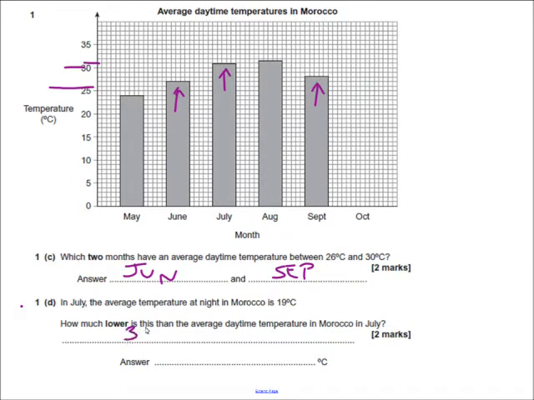So it's 31 during the daytime and we have to take off the 19 degrees at night. Again, you can do this on your calculator just to make absolutely sure you don't make any mistakes, and it's 12 degrees. So the difference in Celsius between daytime and nighttime in July is 12 degrees C.